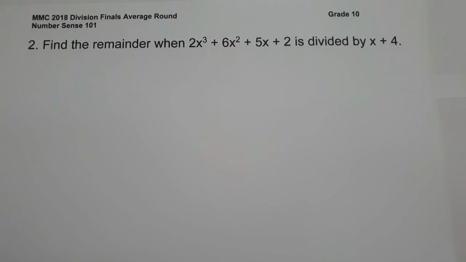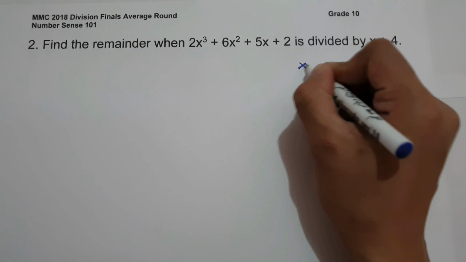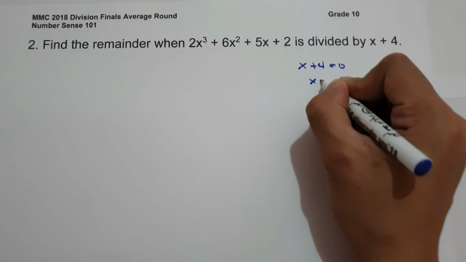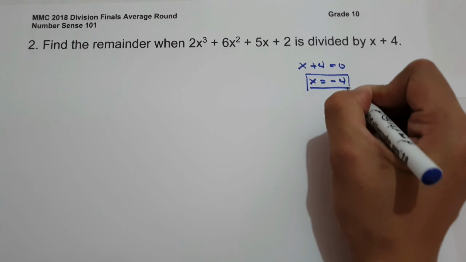On number 2, find the remainder when 2x cubed plus 6x squared plus 5x plus 2 is divided by x plus 4. To find the remainder, let us substitute the value of x. Let us have x plus 4 and equate this to 0. So x is negative 4. This will be the value of x.